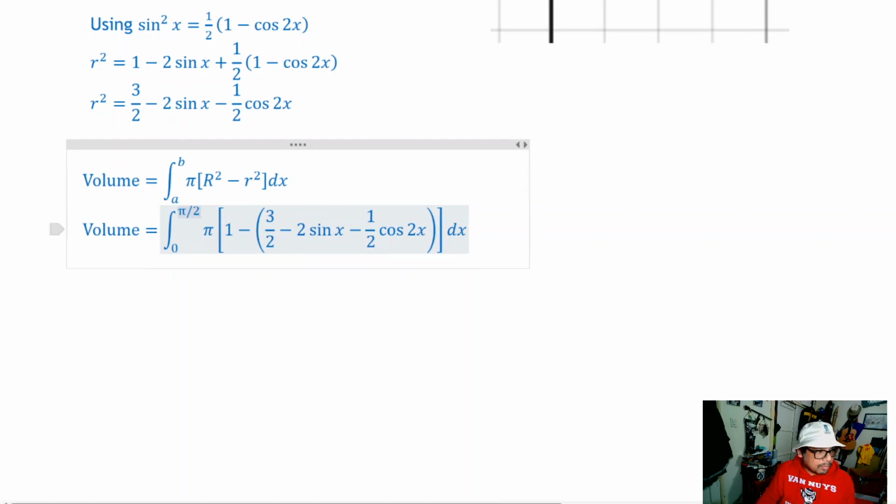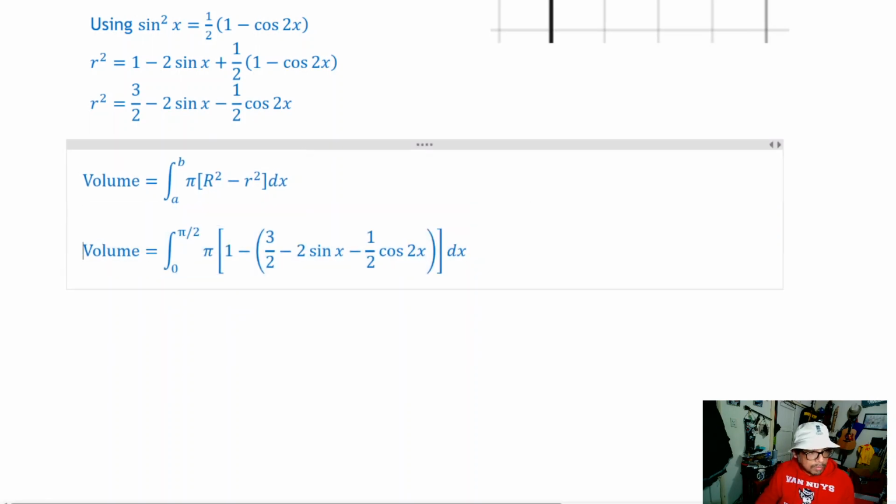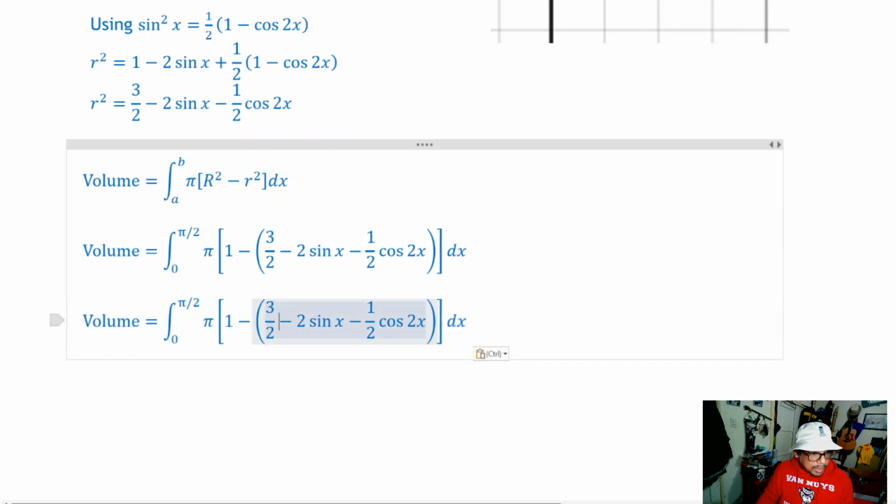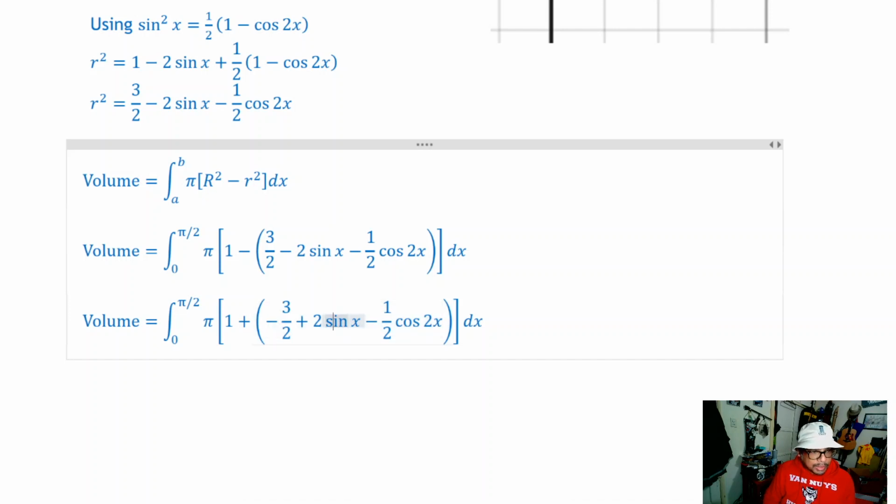There we go. Give ourselves a little room. And before we integrate, let's simplify. Always worth our time to simplify. So let's change this to a plus at the price of changing all of these over here. So that's going to change to a plus.